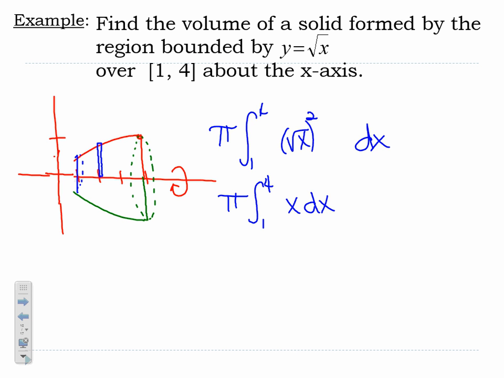What is the antiderivative of x? So what we have is pi times 1/2 times 4 squared minus 1/2 times 1 squared.